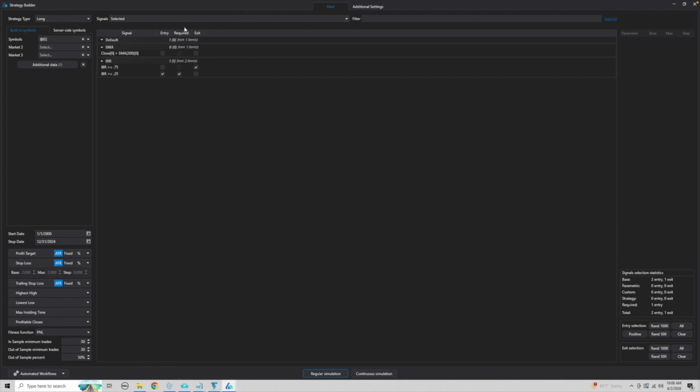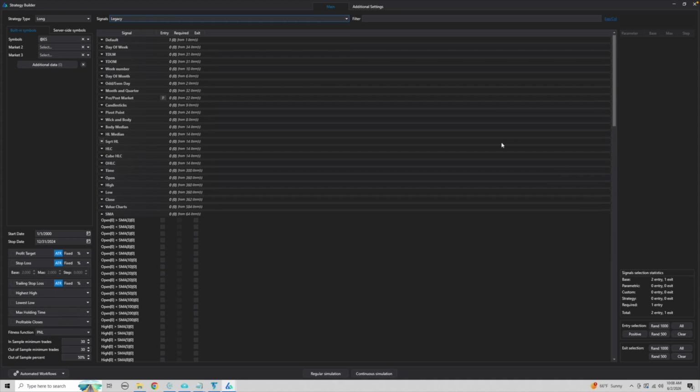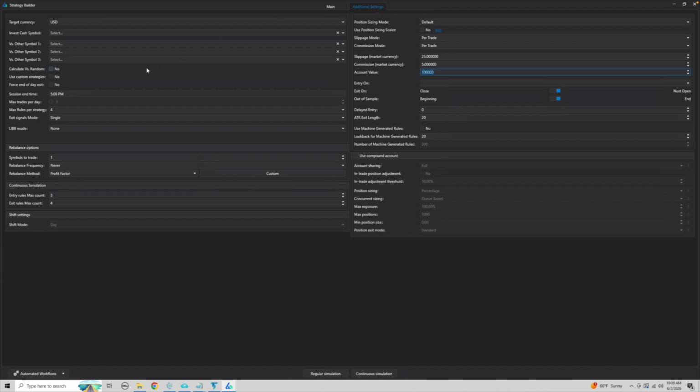And what I'm going to do is go ahead to our legacy indicators, and I'm going to come over here and select all. So now I told Build Alpha to go ahead and consider 3,975 different indicators as our regime filter. So now we can just go ahead and press this. Well, not quite. Let's go over here.